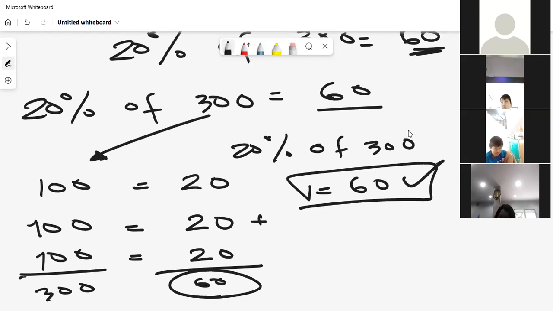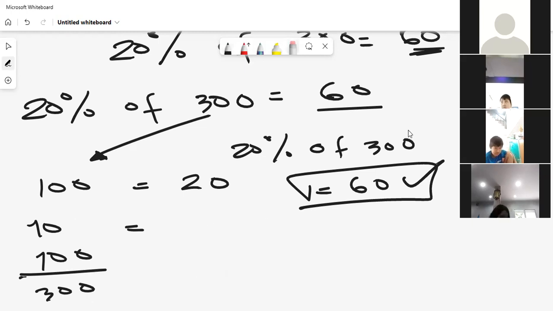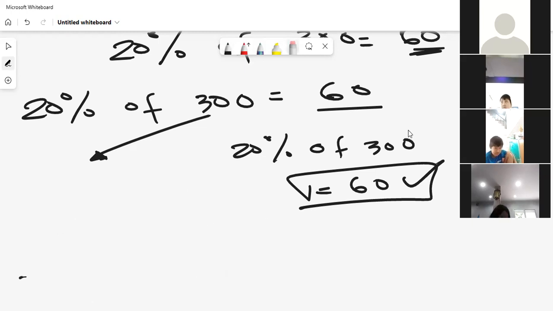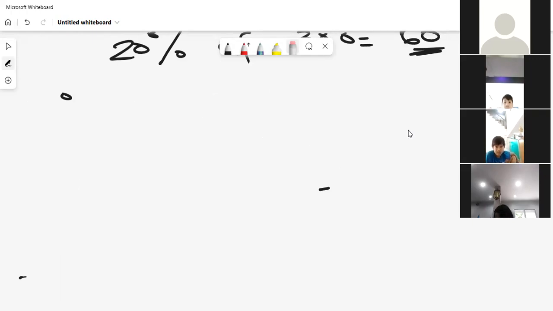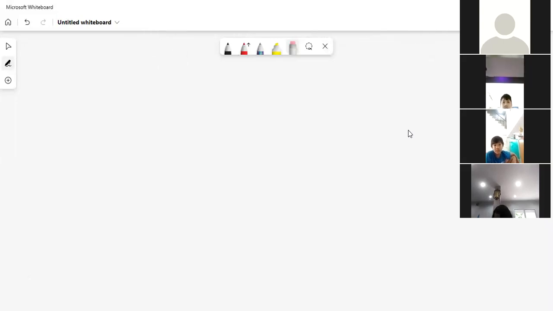But I will give you another technique, an easier and shorter technique. For example, if teacher Juvin asks, what is 20% of 600?